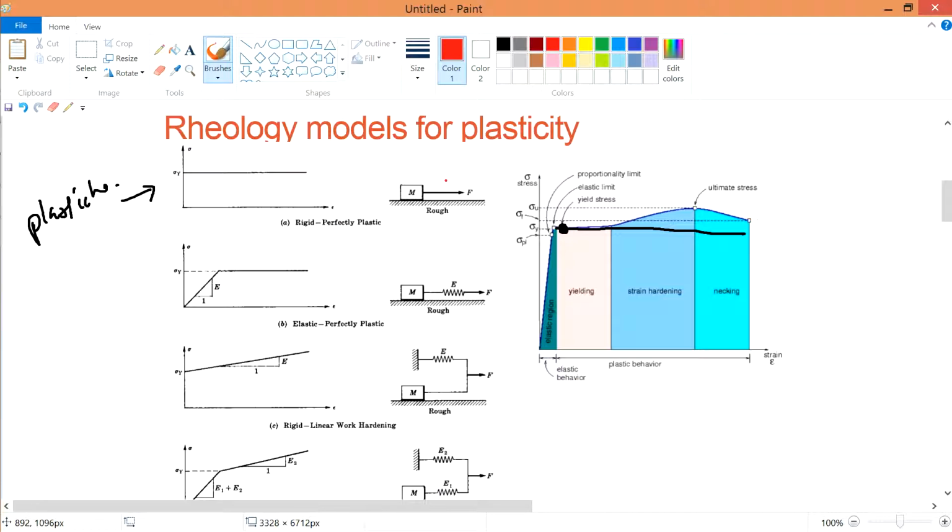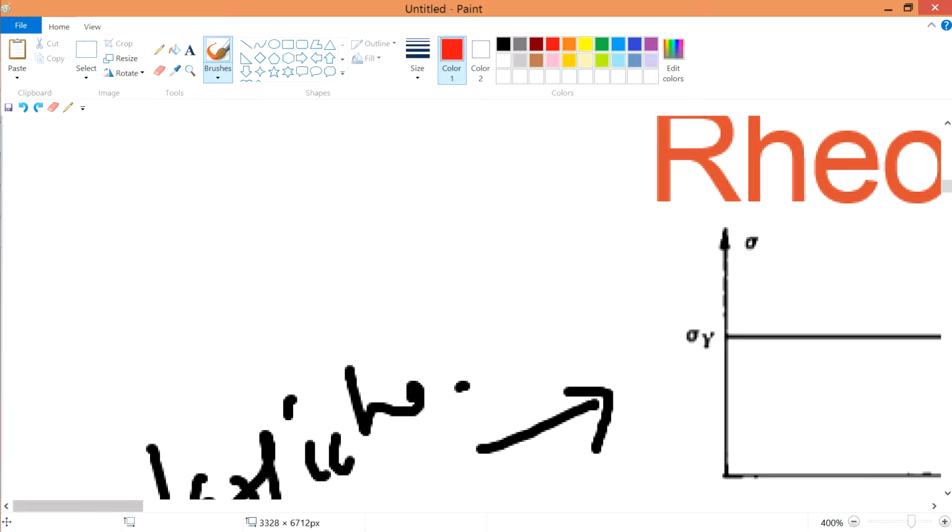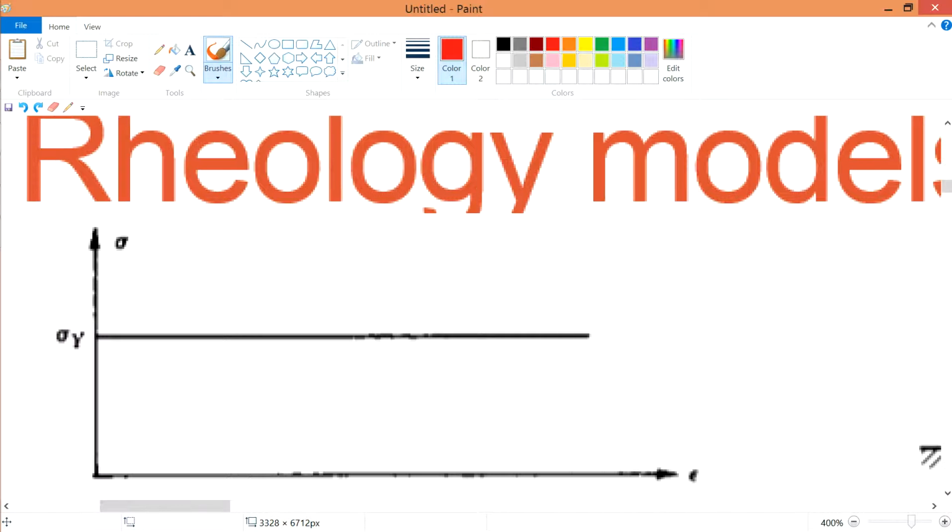If you apply a certain force, you always constantly yield it. So at a certain stress, if you zoom in a little more, when you reach your yield stress, you'll constantly strain it until it fails.